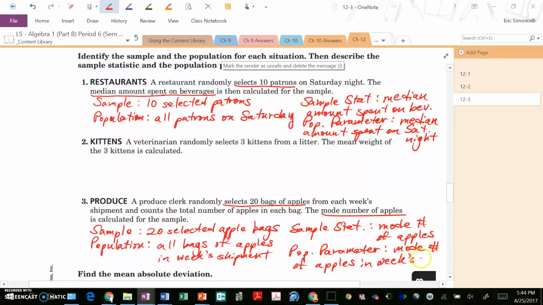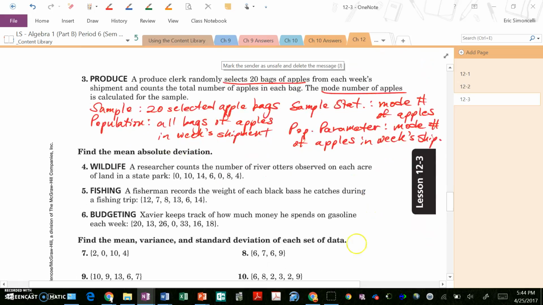So you see the connection between the sample and the sample statistic, but also the population parameter. Very much tied together. Let's move on.